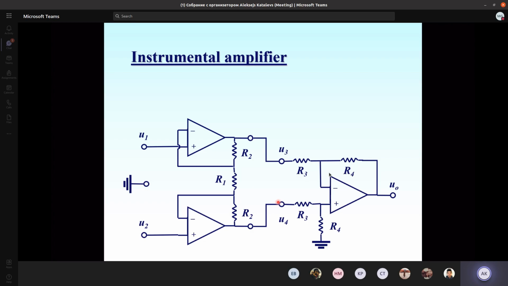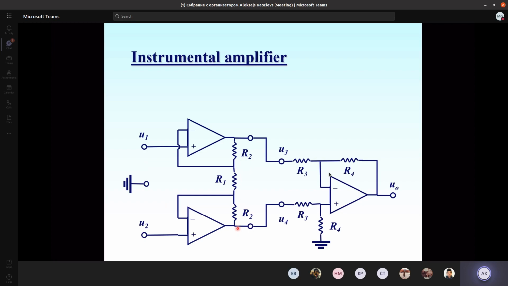So we have to have 0 on the output. If they are different, let's imagine that U2 is higher than U1, then we have a flow of current.